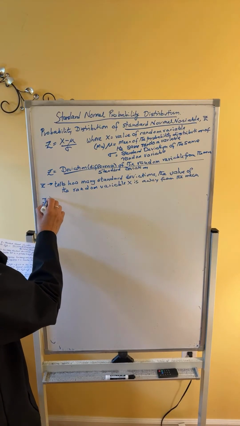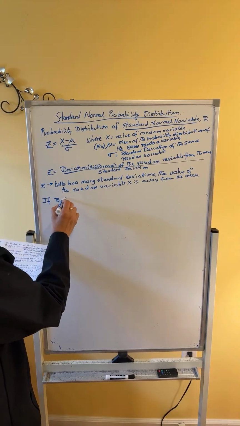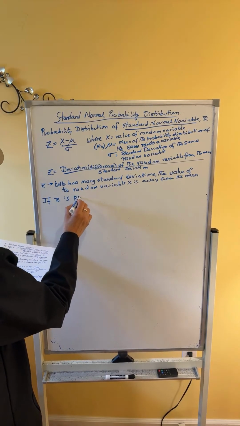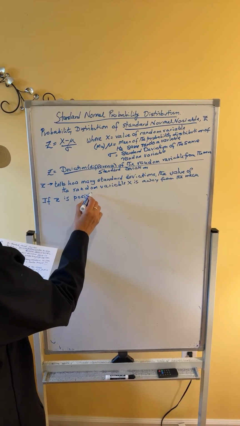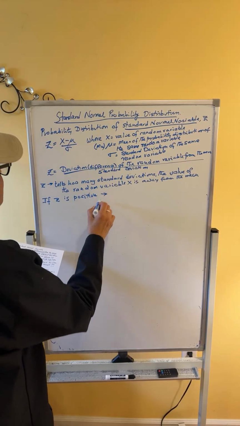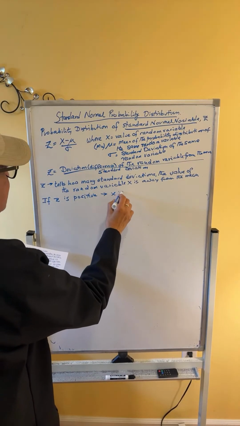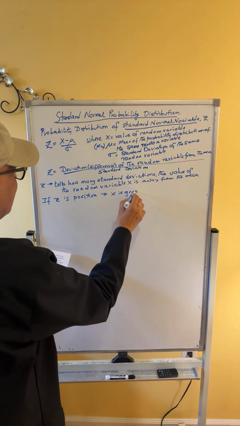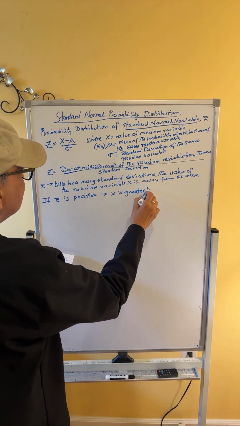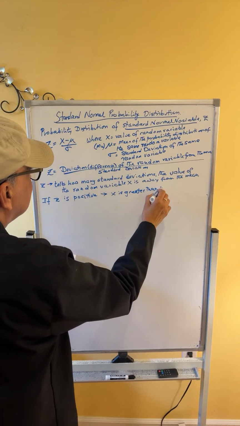If z is positive, that means x is greater than mu, that is, the value of the random variable is greater than the mean.